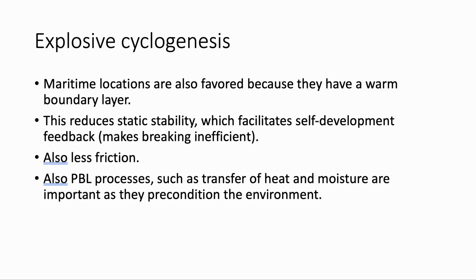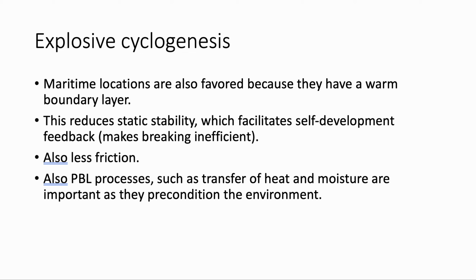And obviously the maritime locations are kind of favored because they have a pretty warm boundary layer, which can lead to transfer of heat and moisture, and can precondition the atmosphere before a cyclone event arrives, and so it sort of increases the baroclinicity of the area, and it can also reduce the static stability, which facilitates the self-development feedbacks that we talked about.